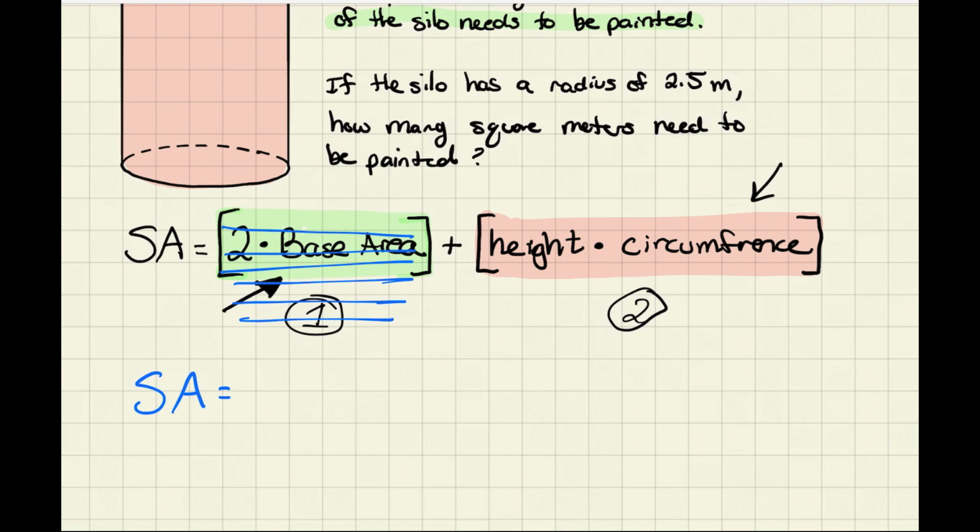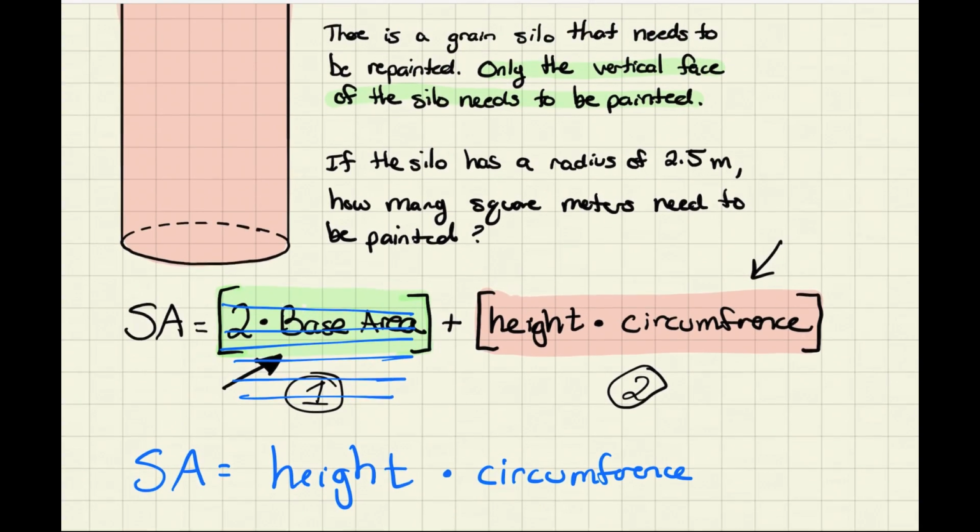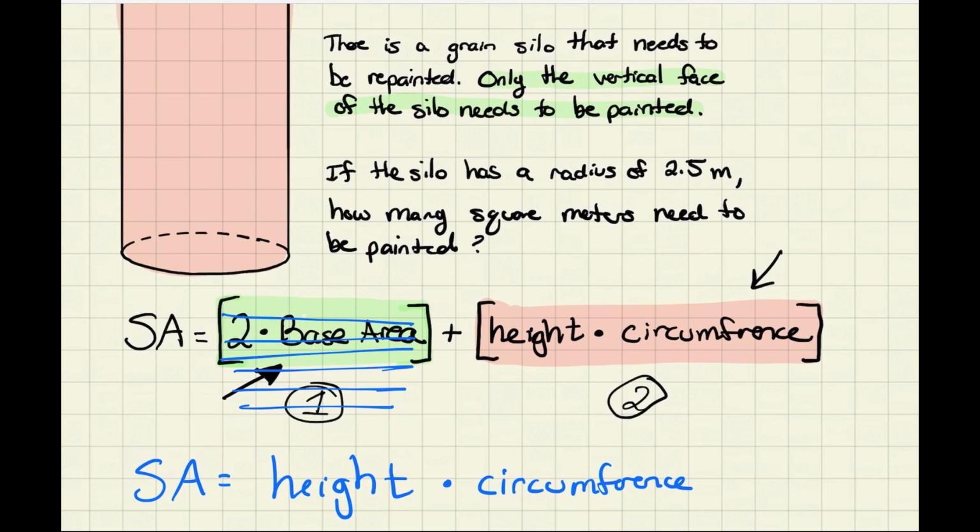So the surface area that needs to be painted is going to be the height times the circumference of the base. And I wanted to show you a problem like this because you may need to modify an equation to fit the problem.